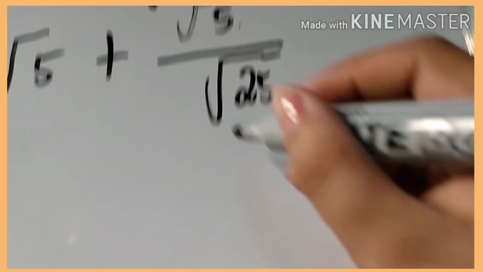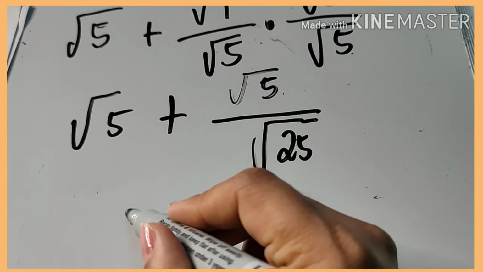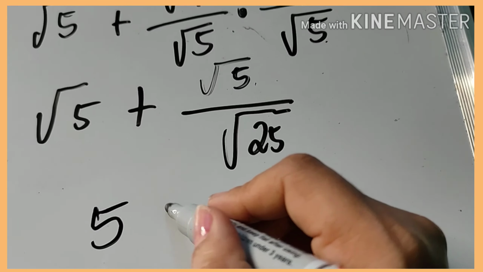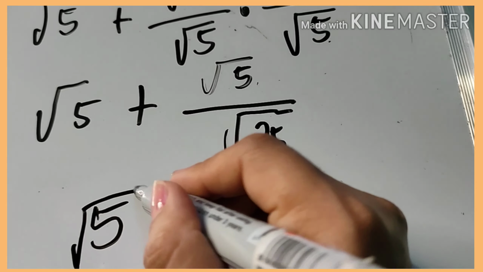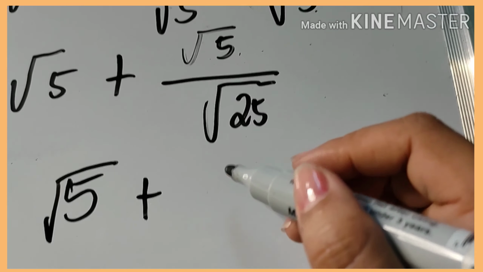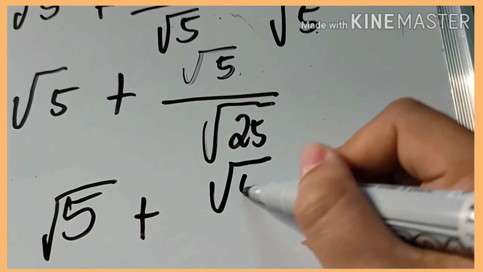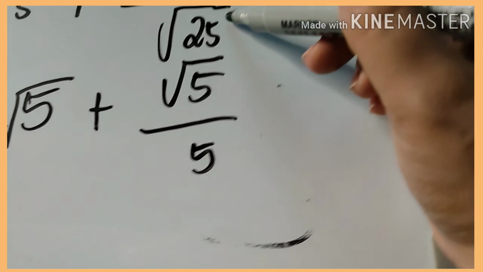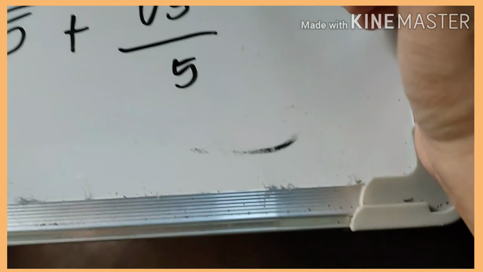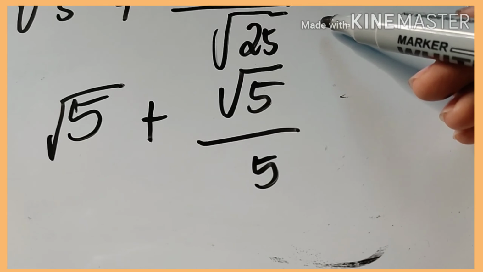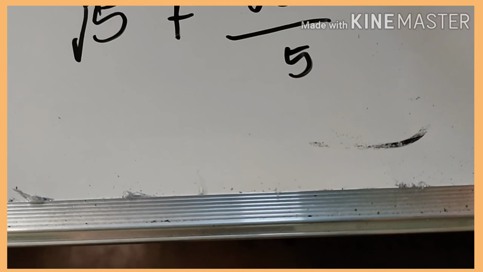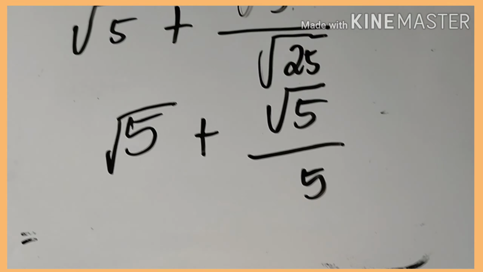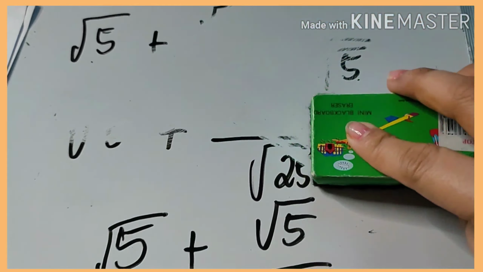So that's why the denominator is 5, and we have square root of 5 plus square root of 5 over 5. So where did you get the 5? It is the square root of 25. So now we don't have any radicals in the denominator.